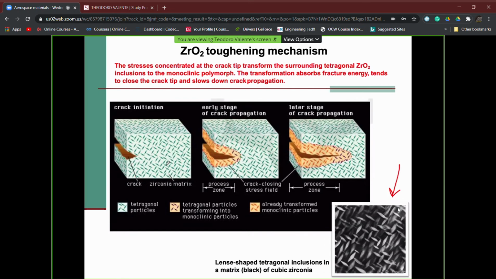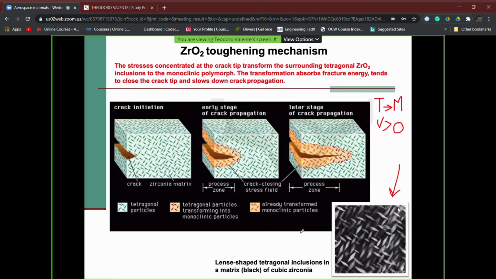Because we have said that when we have the transformation from tetragonal to monoclinic, we do have an increase of volume. And we have related this one thinking to a temperature guided transformation.